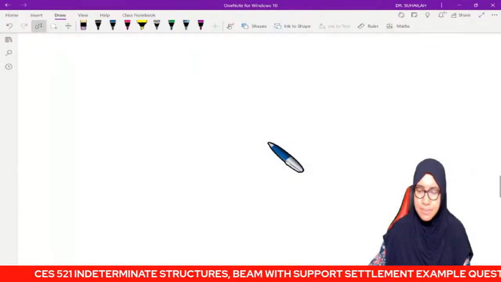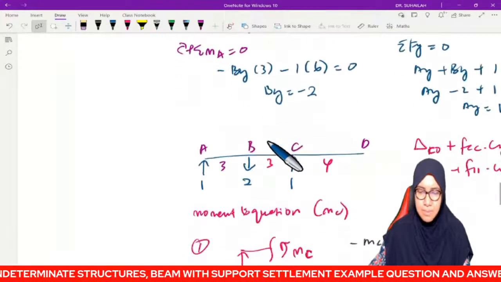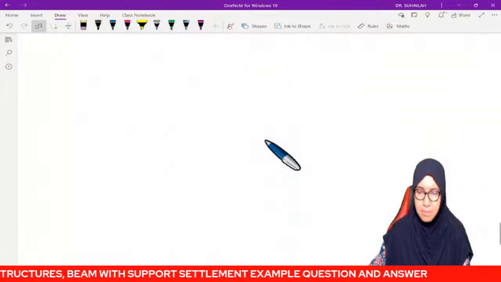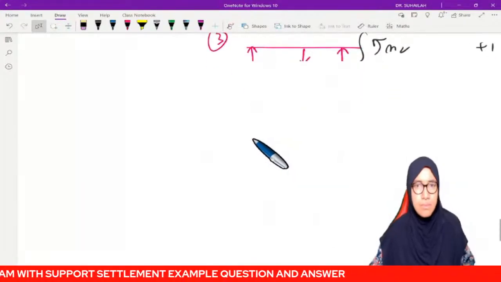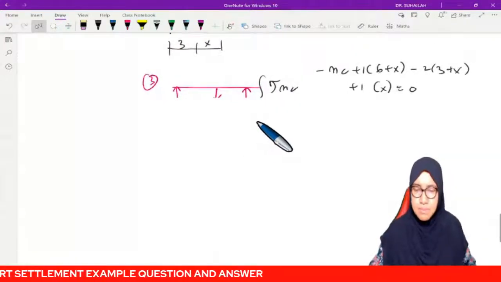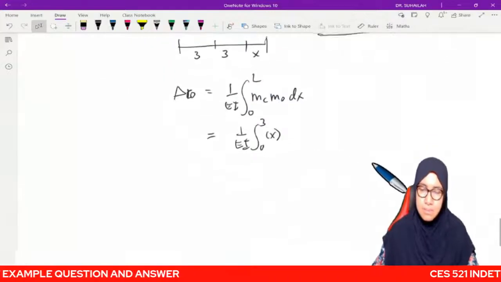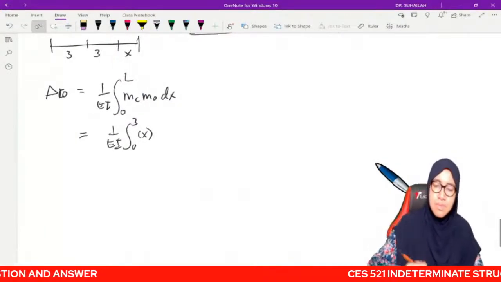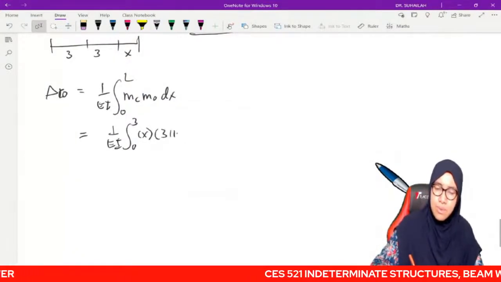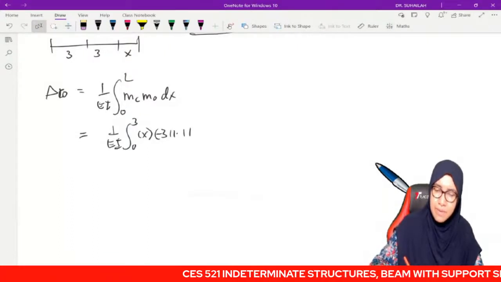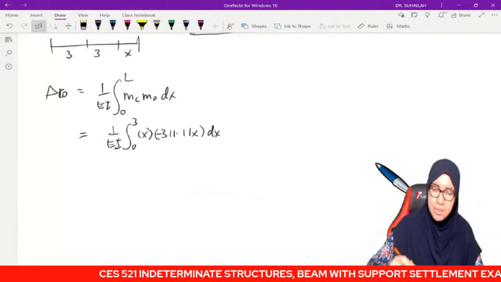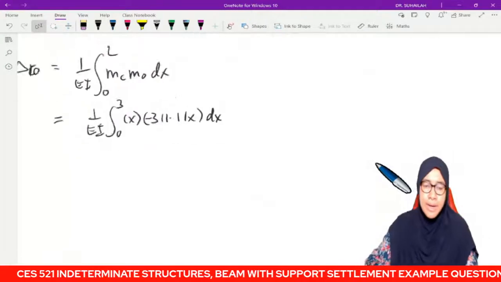So it is 311.11, negative x dx. So this is for section number 1.